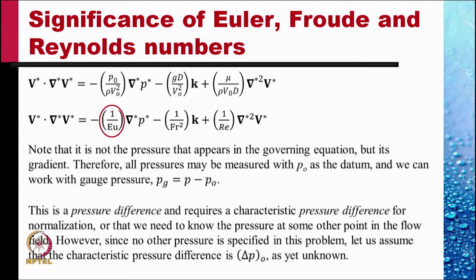To write a characteristic pressure difference, we need pressures at 2 points. However, in this problem, there is only one pressure P naught specified, and there is no other pressure specified. So, let us assume that the characteristic pressure difference is delta P naught, which is as yet unknown.